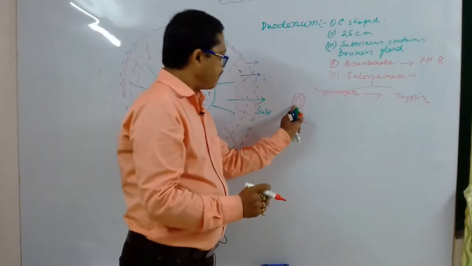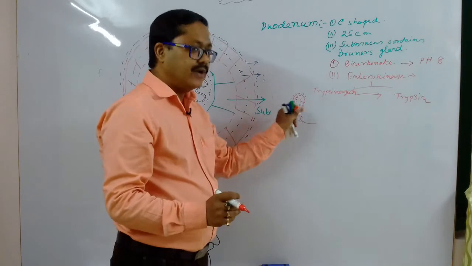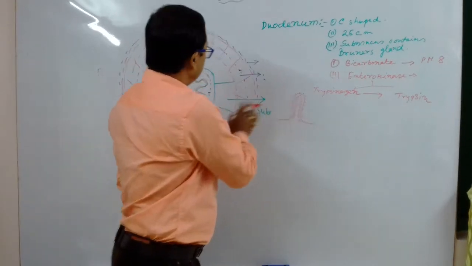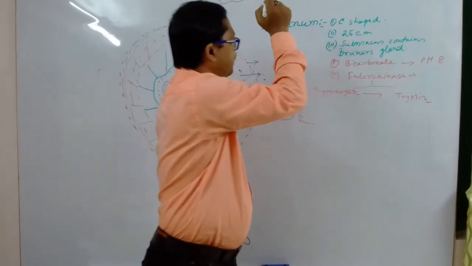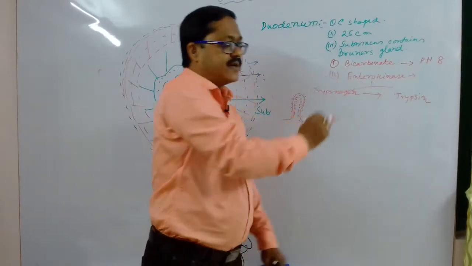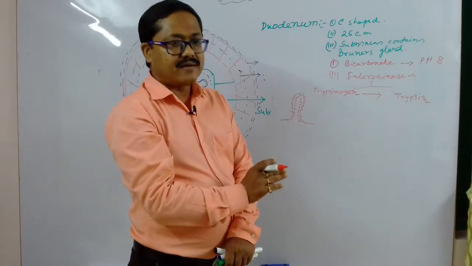Three types of zones are observed within the villi. Villi are present throughout the intestine. The duodenum contains villi, the jejunum contains villi, and the ileum contains villi, but their structures are somewhat different.